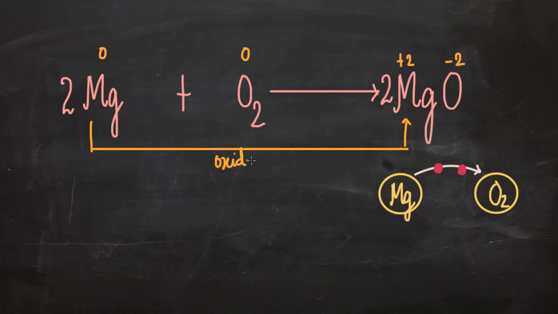This is oxidation. And what is happening to charge on oxygen? The charge on oxygen is decreasing from 0 to -2. Decrease in oxidation number is reduction. So oxygen is getting reduced.